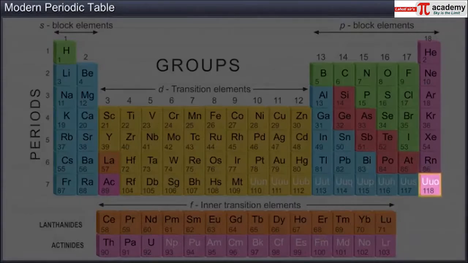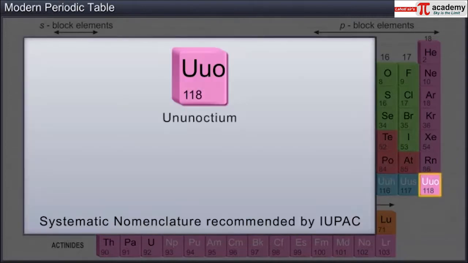For example, an element with atomic number 118 should be named as ununoctium, from 1 is equal to un, 8 is equal to oct, and ium, and the first letters form the temporary symbol of the element, Uuo.